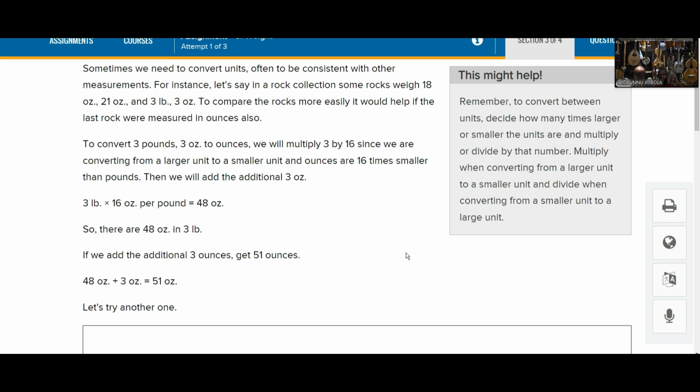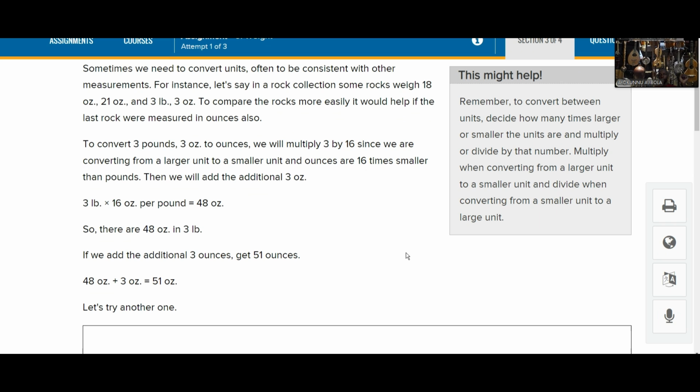To compare the rocks more easily, it would help if the last rock were measured in ounces too. Instead of saying 3 pounds 3 ounces, all of them should be in ounces.